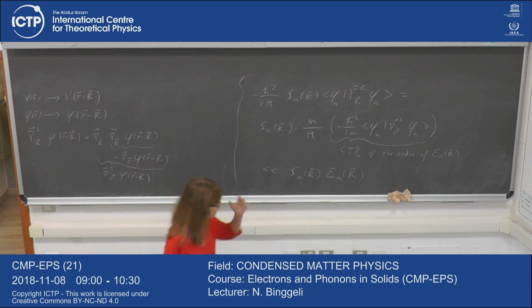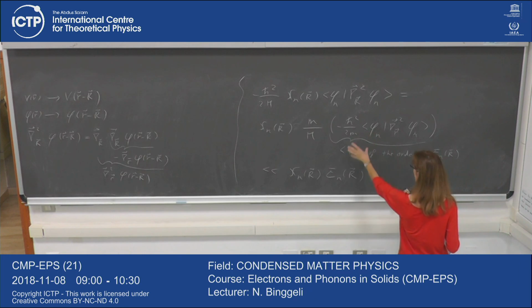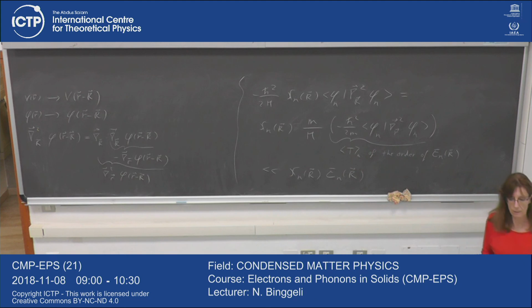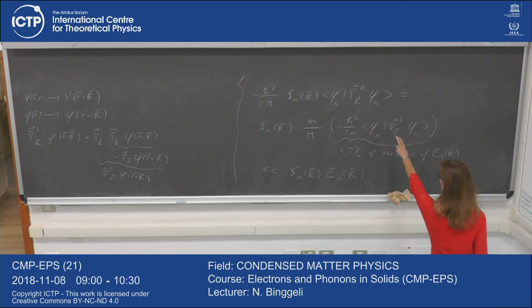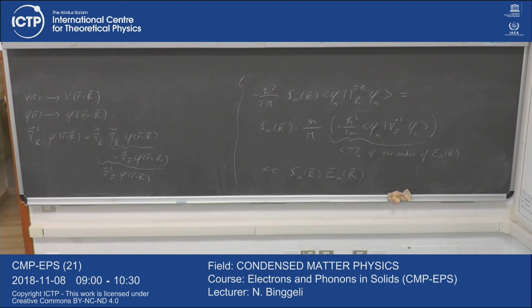That is, basically if the wave function moves rigidly, this is the type of expectation value one can expect from this matrix element involving this derivative on the wave function that essentially readjusts immediately to the displacement of the ion.